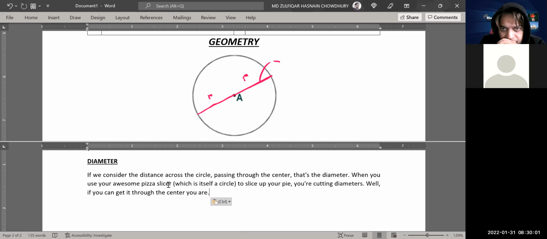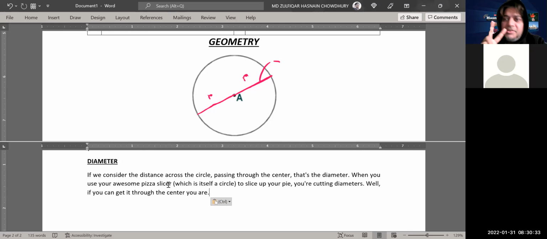The distance between the center and any point of the circumference is a radius. The distance between two points across the circle through the center is the diameter.